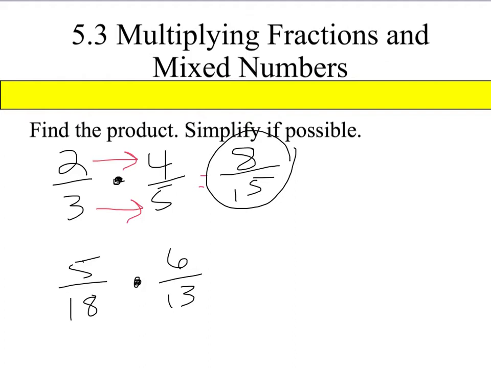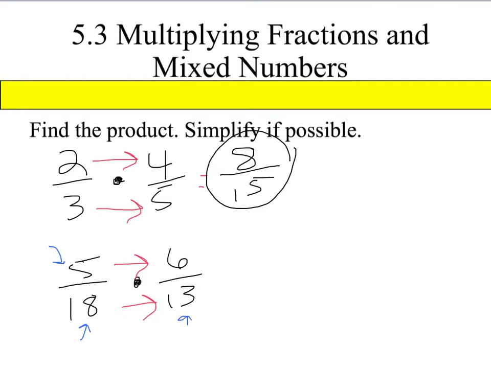Okay, let's check out the second one. I have 5/18 times 6/13. Again, remember, I'm going to be multiplying straight across, but before I multiply, I'm going to see if there's a common factor between a numerator and a denominator. So if I look at the numerator 5, I'm focused on 5 here. Does 5 have a common factor with 18 or 13? Nope.